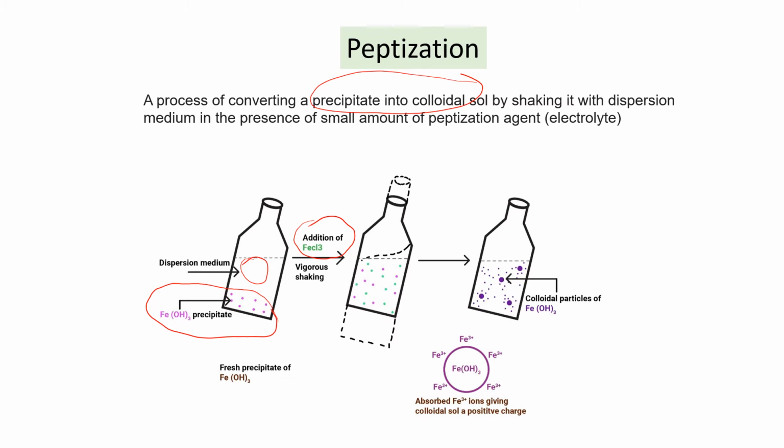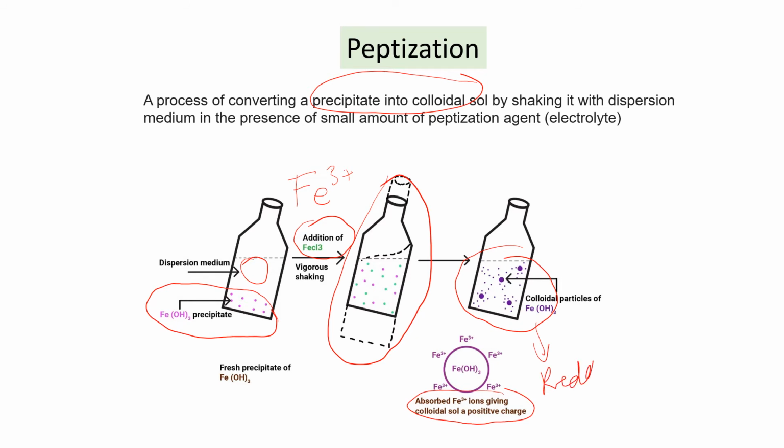Iron chloride is used since it has a common ion, Fe3+, and the solution undergoes vigorous shaking to form colloidal particles of iron hydroxide, which adsorb Fe3+ ions, giving the colloidal solution a positive charge. This one is reddish brown in color.